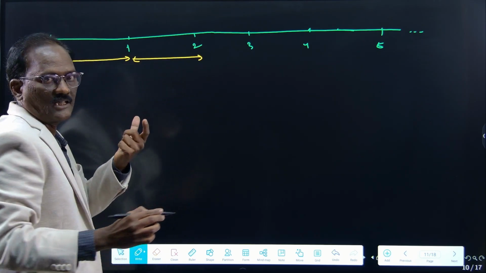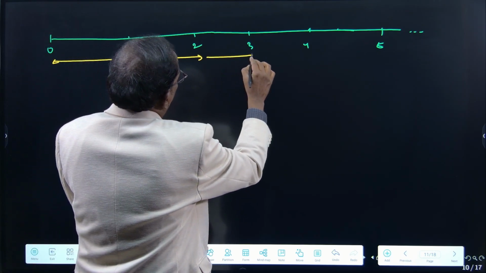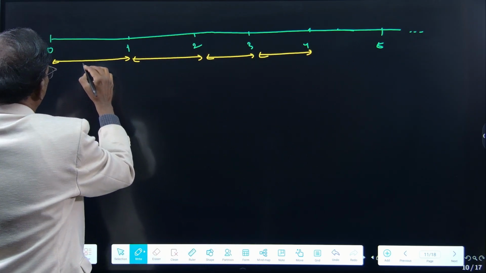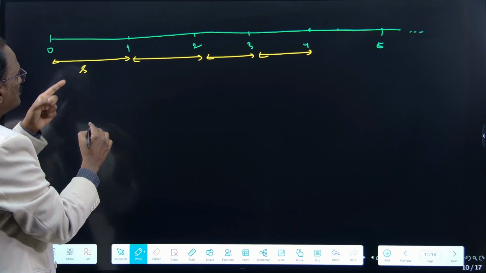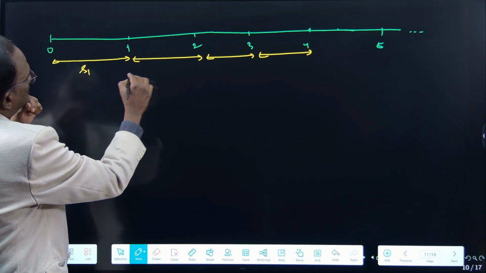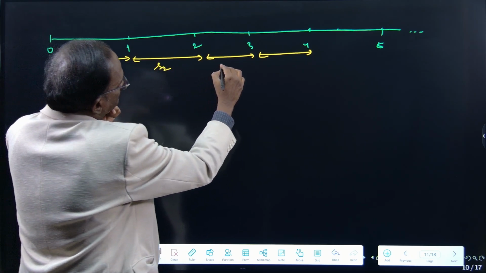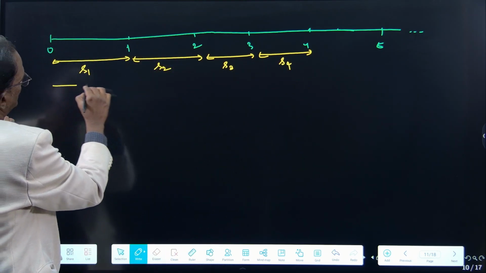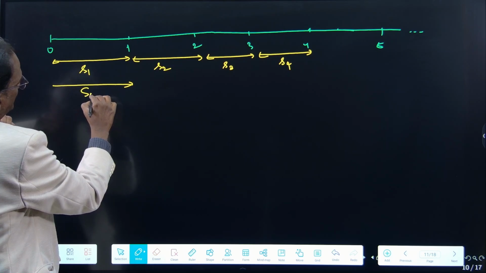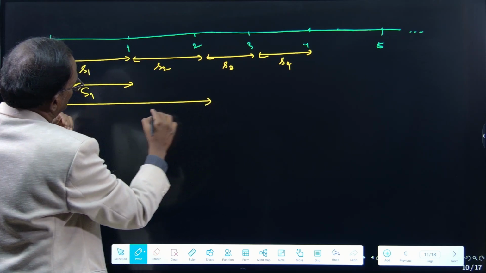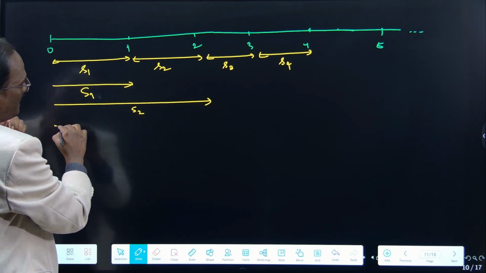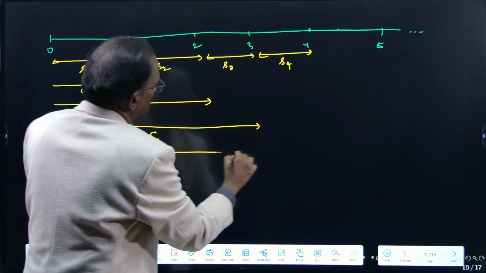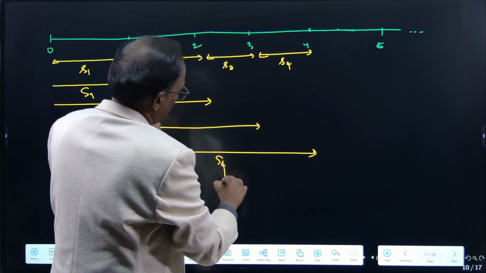Distance traveled in the second second, third second, fourth second, similarly fifth second, right? So this is what I am going to write as small s, s1, s2, s3 and s4, and this is capital letter S1, capital letter S2, capital letter S3 and capital letter S4. What is the difference?